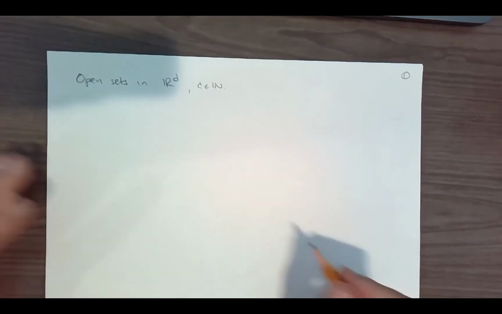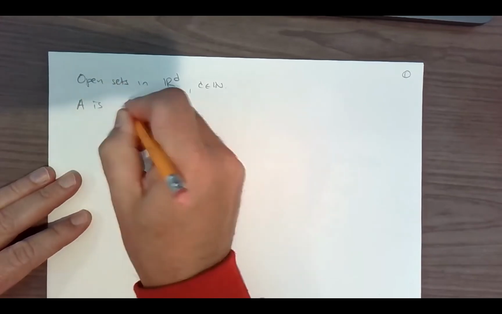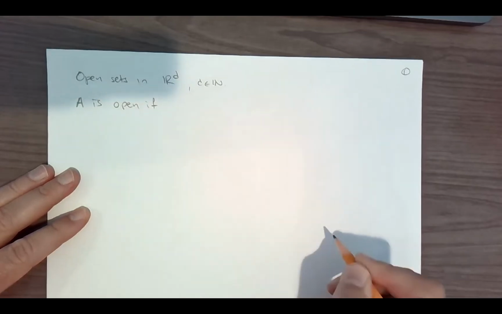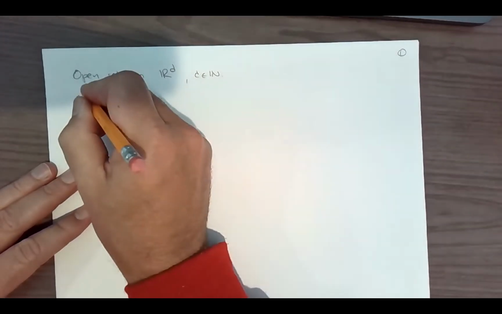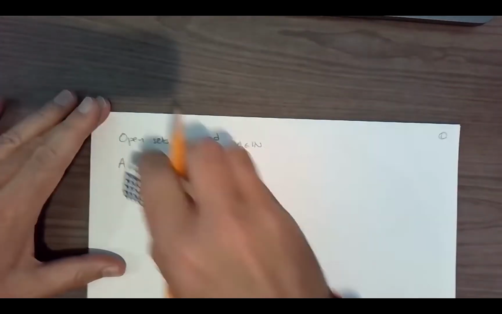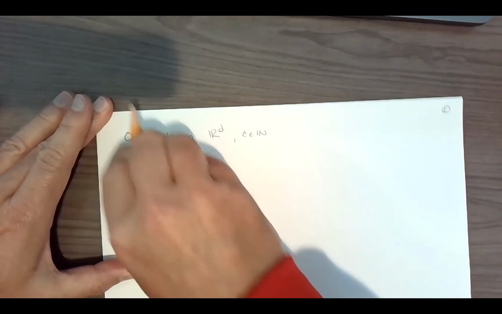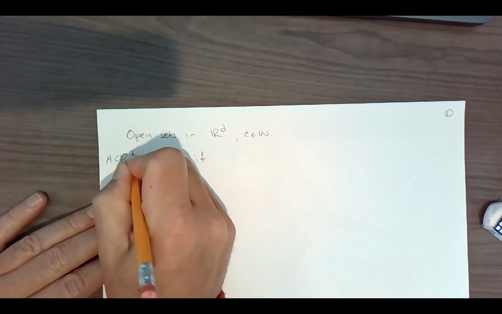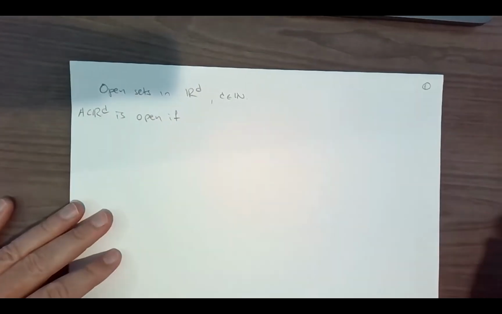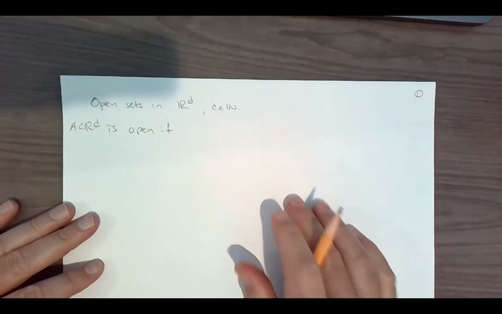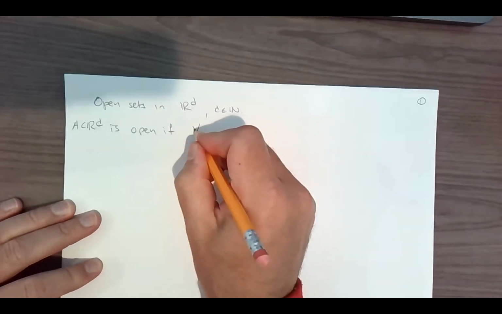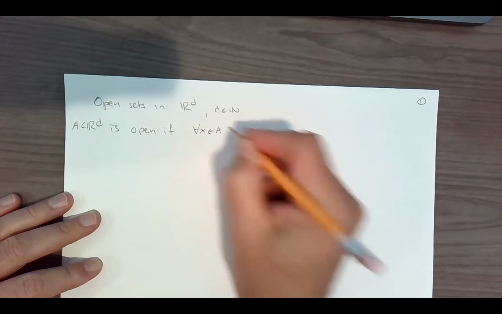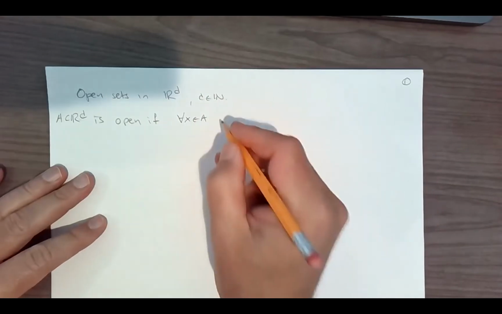We say that a set A, a subset of R^d, is open if for any point inside the set, I can find a ball.